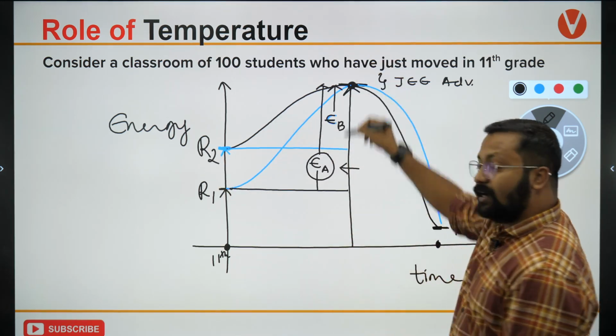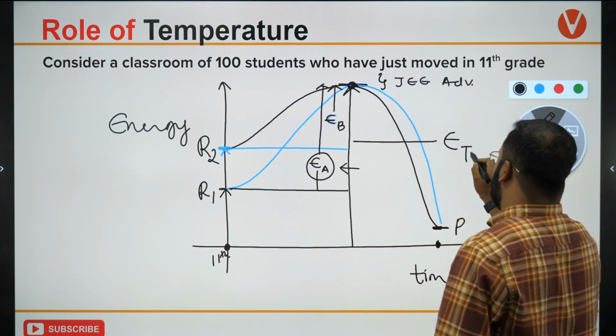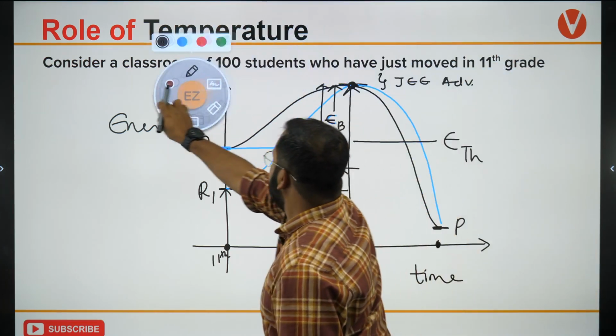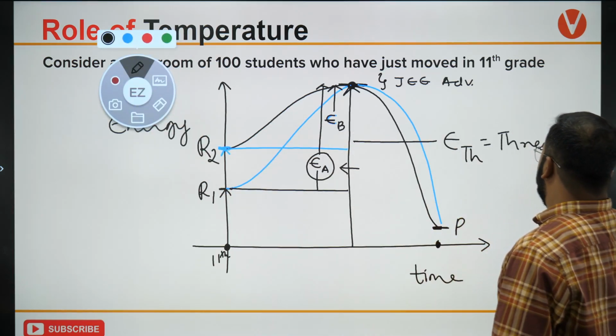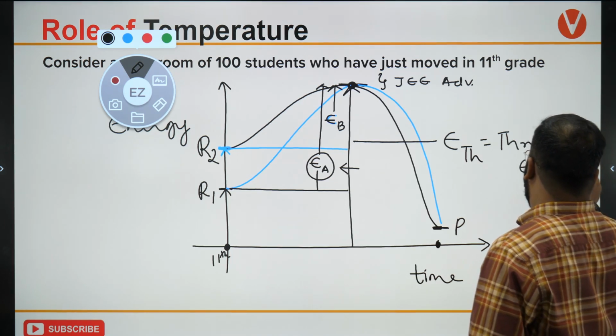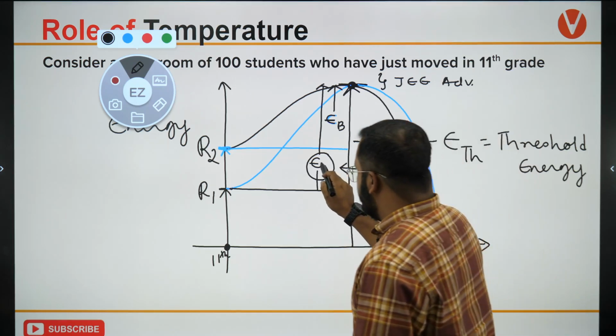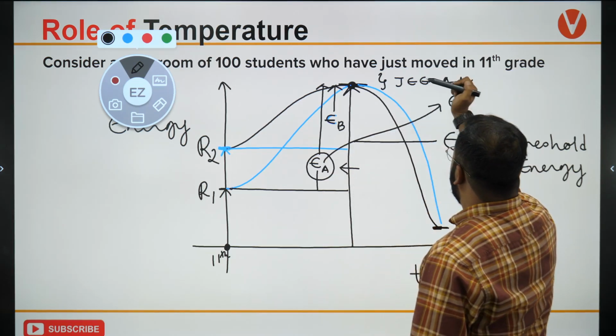This overall difficulty is known as ETH, or it is known as threshold energy. Threshold energy. EA is known as activation energy.